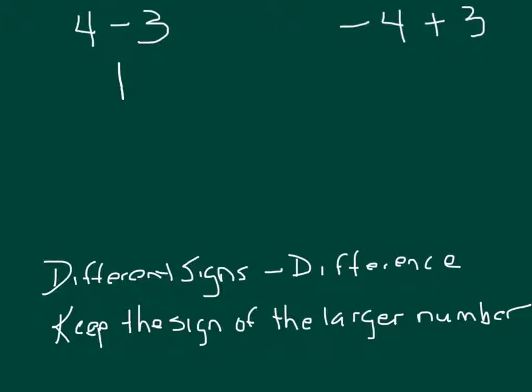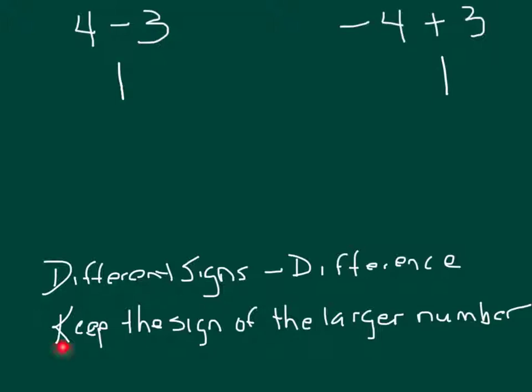Now look over here at the other problem. This is a negative 4 and a positive 3. So once again, we have different signs, which means we're going to get the difference between the two numbers. And we have the same two numbers, so the difference between 4 and 3, once again, is going to be 1.